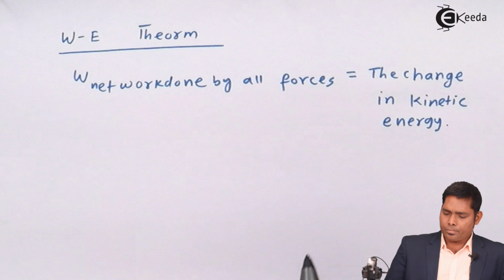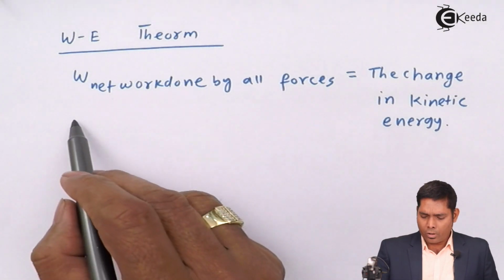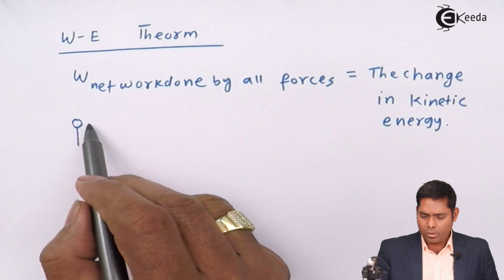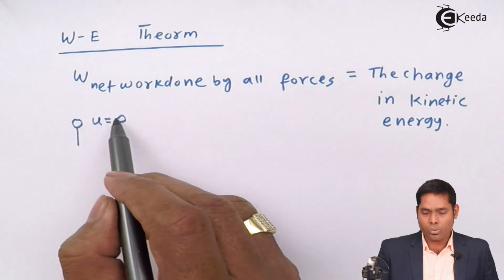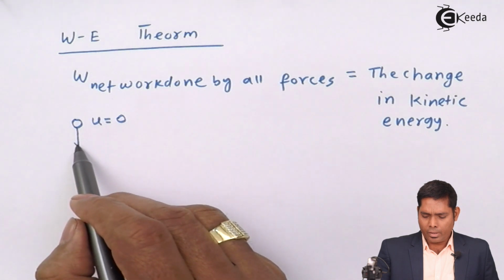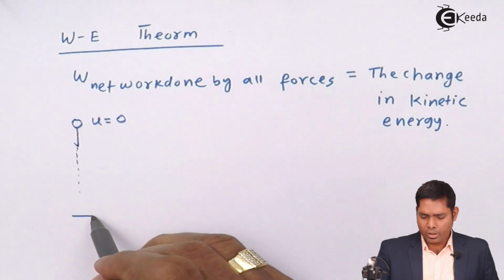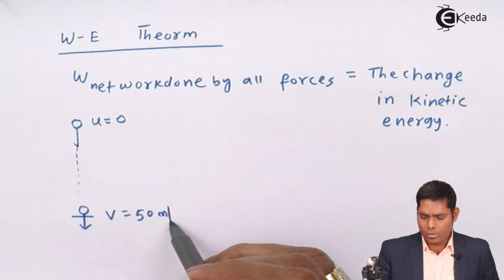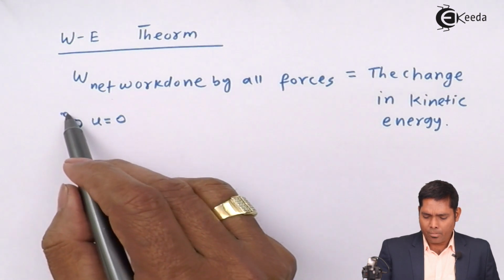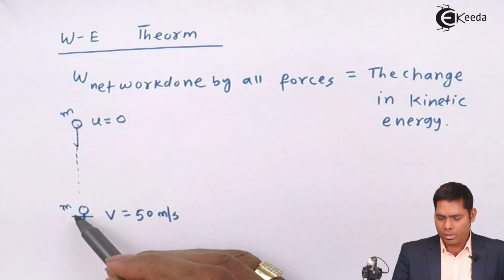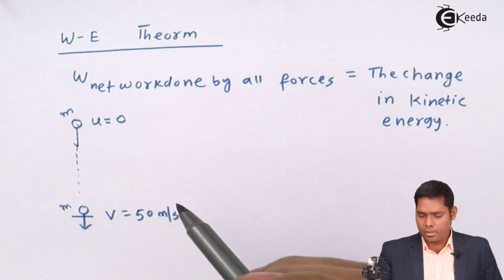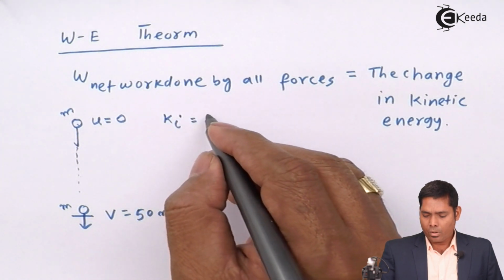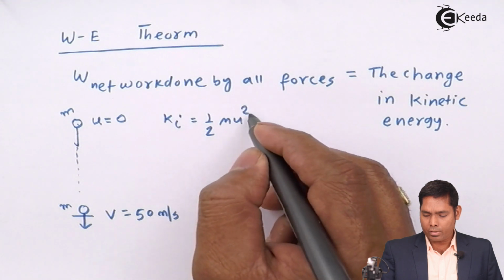So if I think of the raindrop falling down, it starts with initial velocity 0. When it hits the ground, it hits with a final velocity v, which is given as 50. If the mass of the drop is m, then its initial kinetic energy will be half mu square, which is 0.